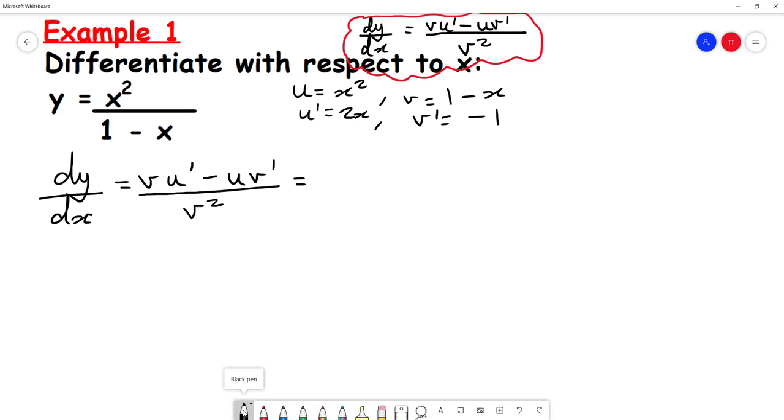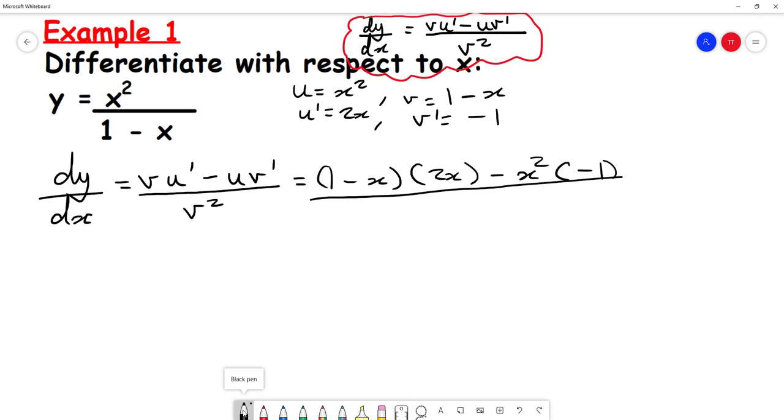Dy by dx is v u dash minus u times v dash over v squared. Now in our case, v is 1 minus x times u dash, which is 2x, minus u, which is x squared, times v dash, which is minus 1, all divided by v squared, which in our case is 1 minus x all squared.